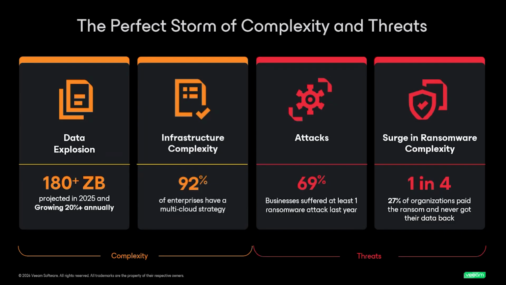And when we look at the threats, 69% of businesses suffer at least one attack. That's a phenomenal rate. And 27% of organizations who have paid ransomware fees never got the data back. That's quite alarming as well.